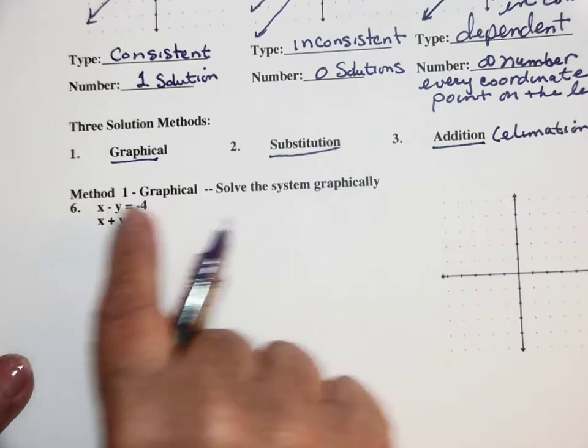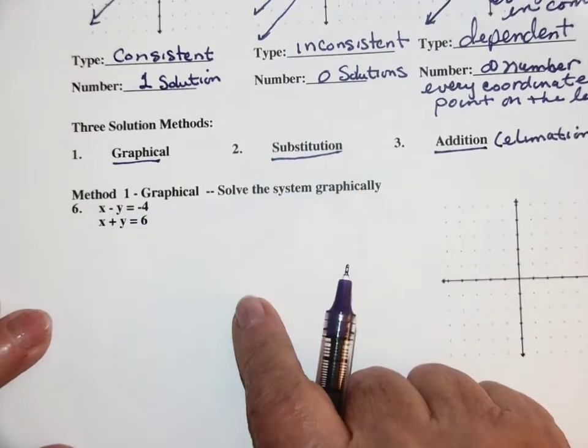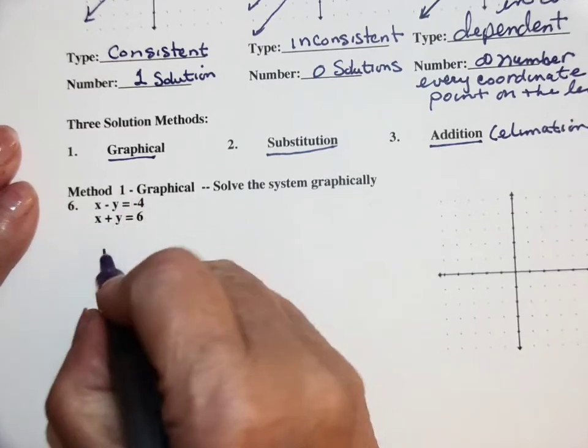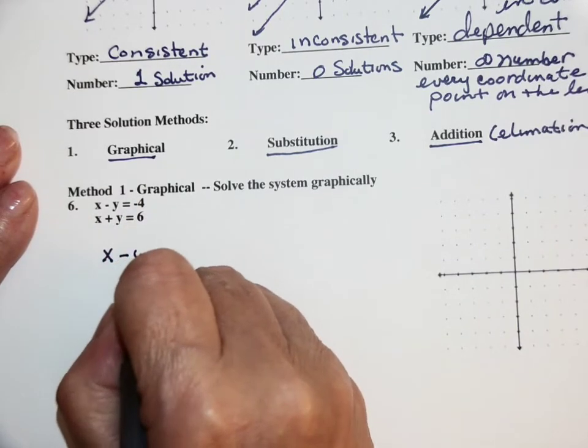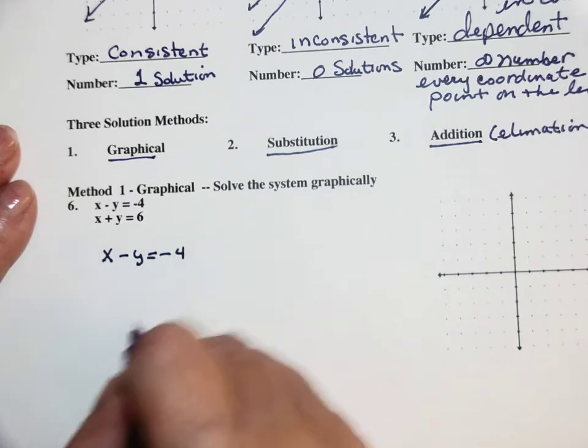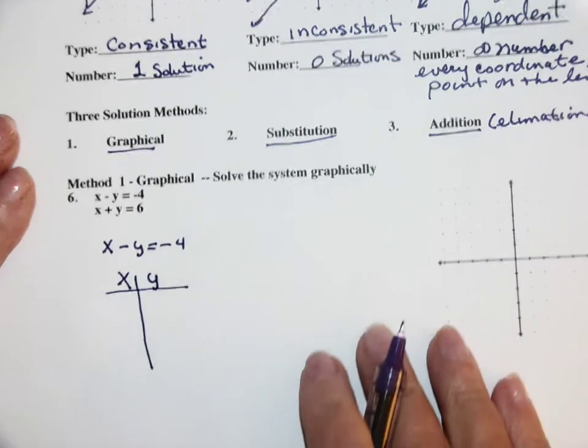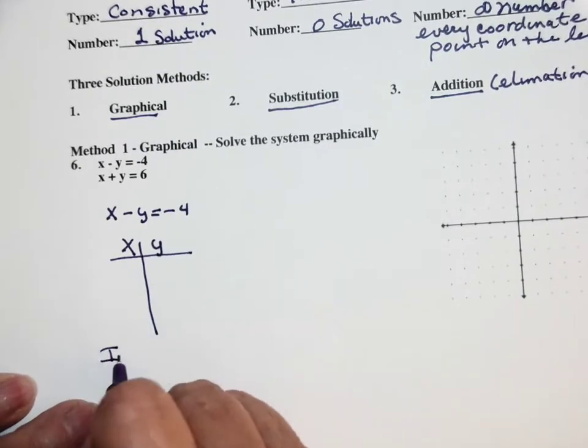So what would I do to graph? Now, the one thing that I would probably do is I'd use the intercept method of graphing, namely if x minus y equals -4, especially on this one. So I'm going to use the intercept method.